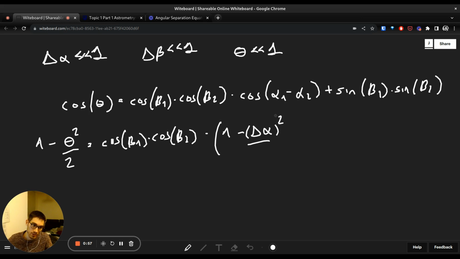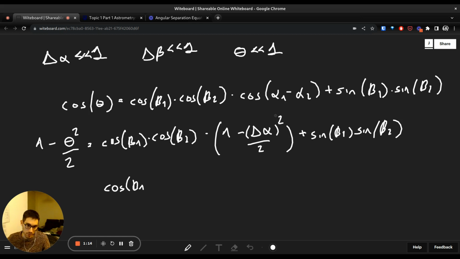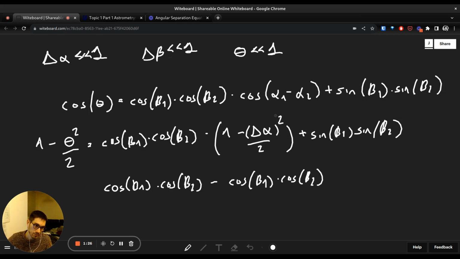So this is similar to what we did before. Sine beta 1, sine beta 2. Cool, and then we do this again. Expand cosine beta 2 minus cosine beta 1 cosine beta 2 plus sine beta 1 times sine beta 2.